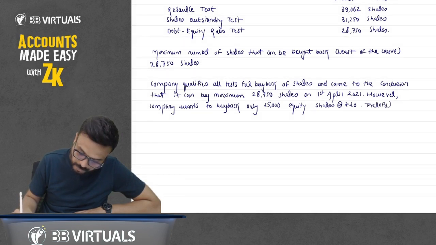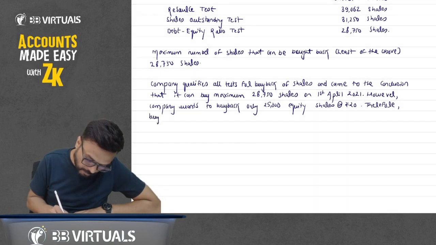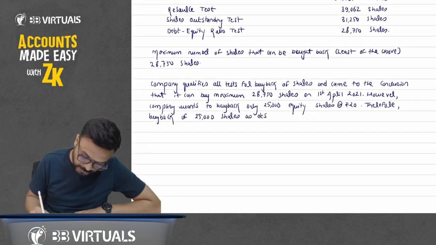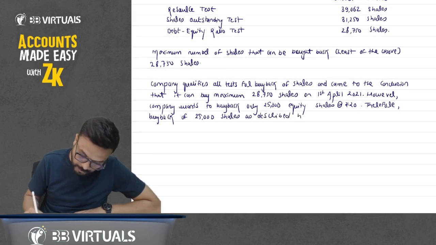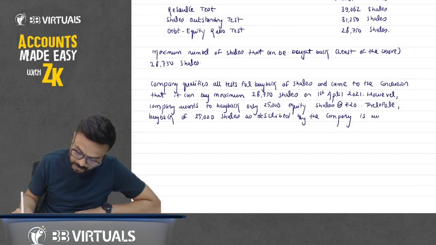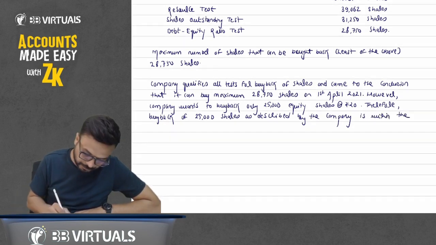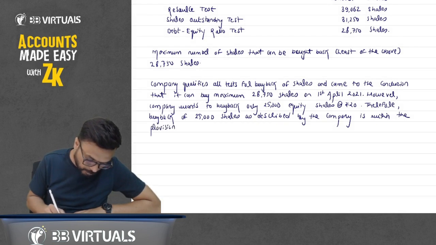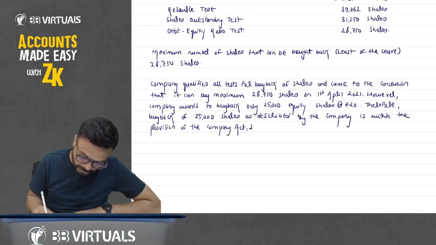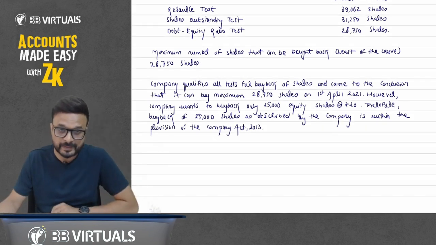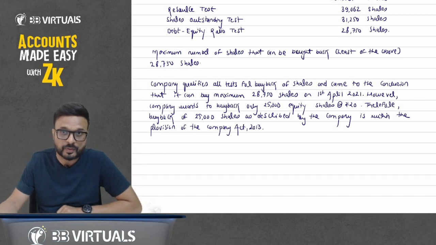Therefore, buyback of 25,000 shares as described by the company is within the provision of the Companies Act 2013. So they can do buyback of 25,000 shares.